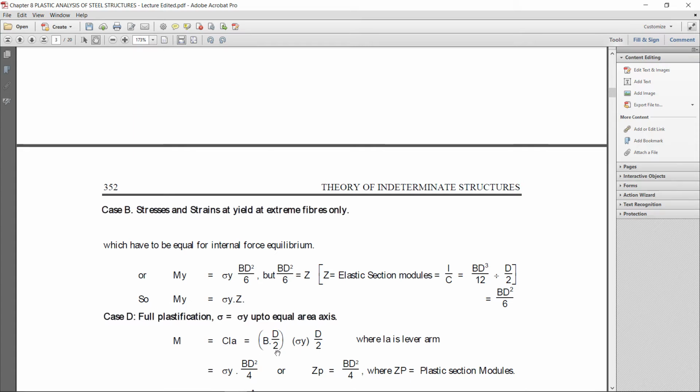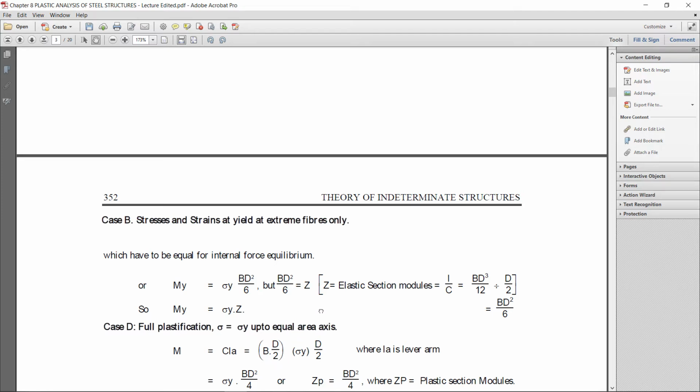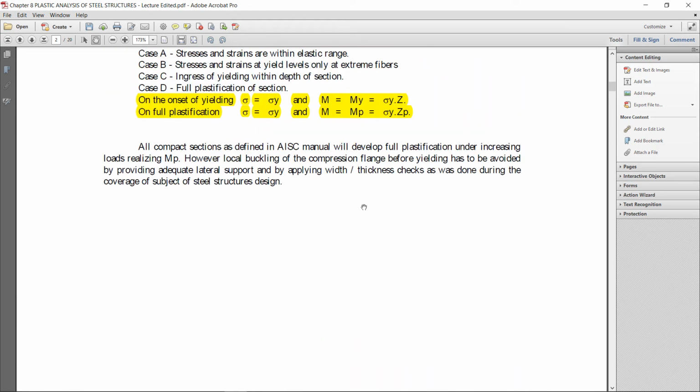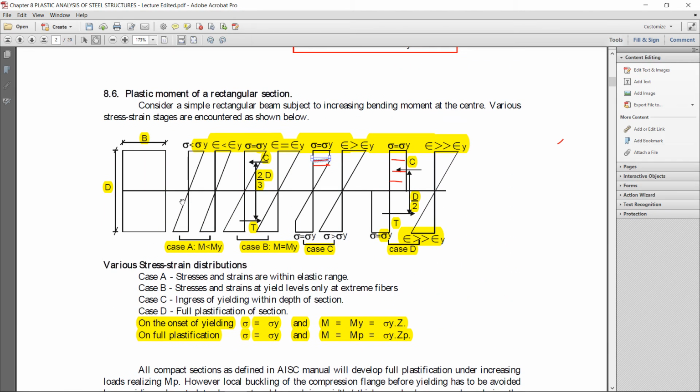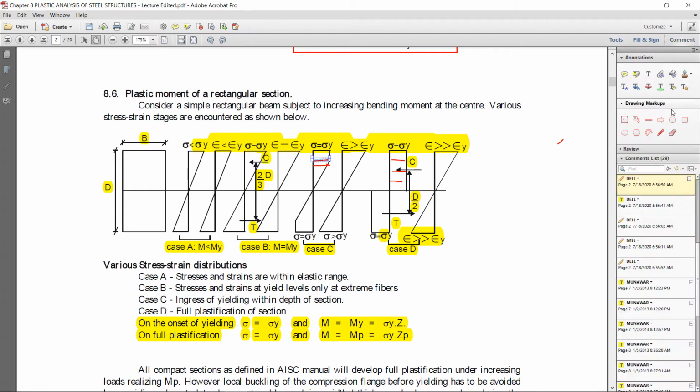Now for the force conversion, B into D by 2. Here is the section. This is the force which will act on this section.